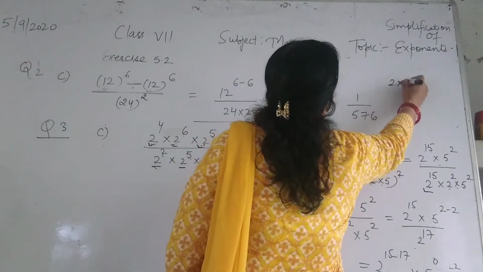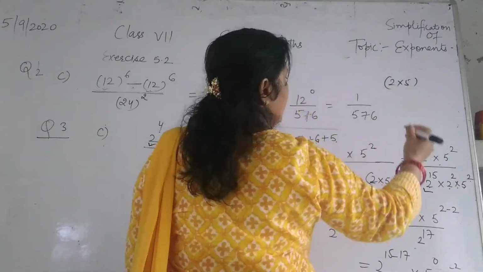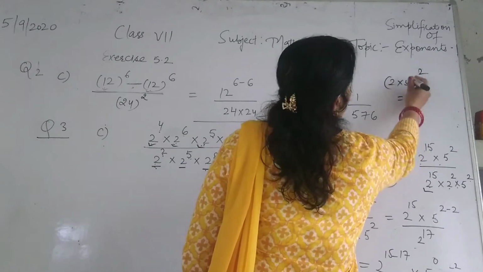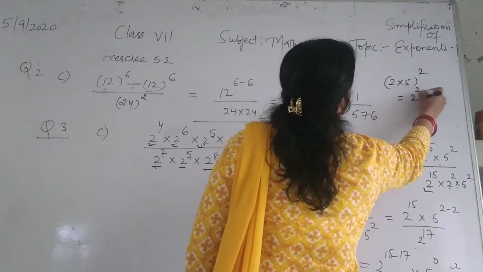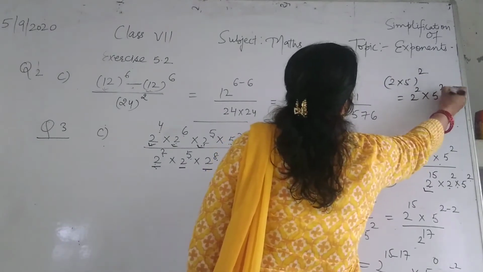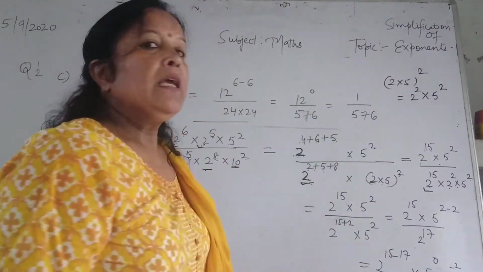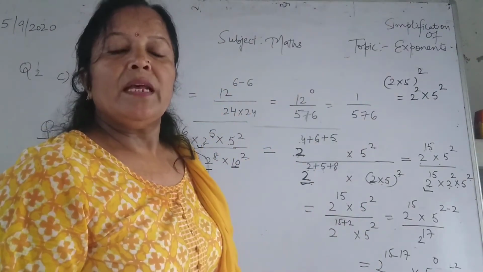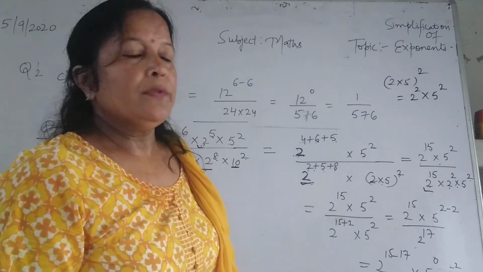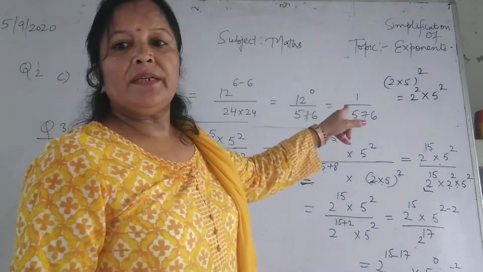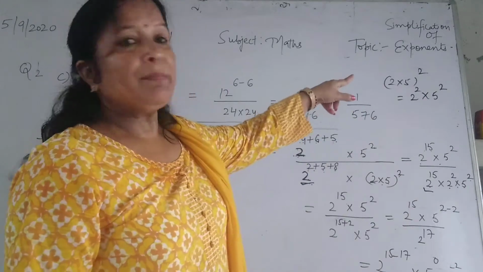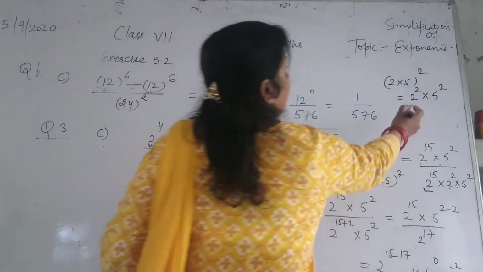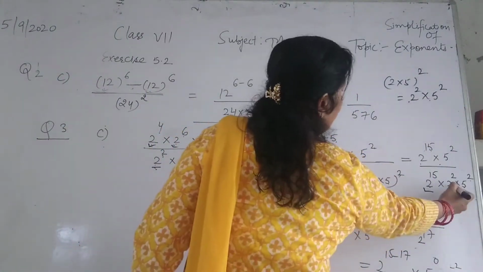It can be separated: 2 raised to power 2 into 5 raised to power 2. When bases are different and power is same, then power was taken as common. Now I have just separated the bases and taken the power same here.